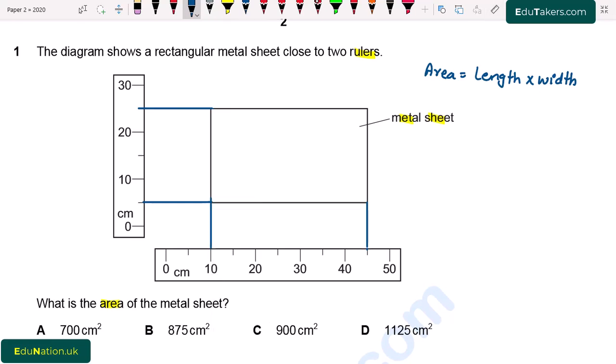We can see from here this position is 10 centimeter and at this position here is 45 centimeter, while on the vertical axis here it is 5 centimeter.